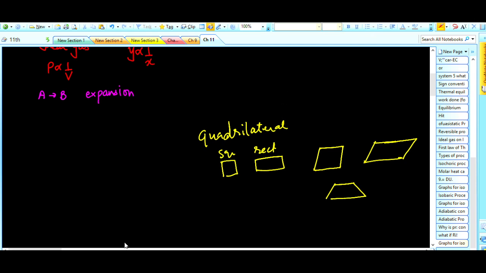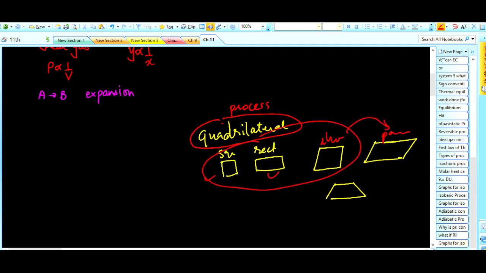Yeah, so what I mean to say is quadrilateral, fine, એટલે આ પ્રોસેસ જેવું છે. What are different kinds of process? Okay, square, rectangle, rhombus and parallelogram. તો આ બધી જ વસ્તુ ખરેખર parallelogram જ છે. Yes or no?